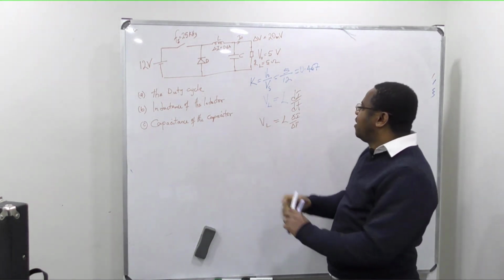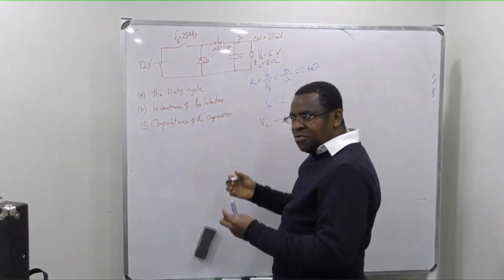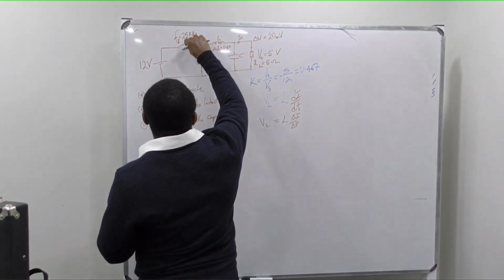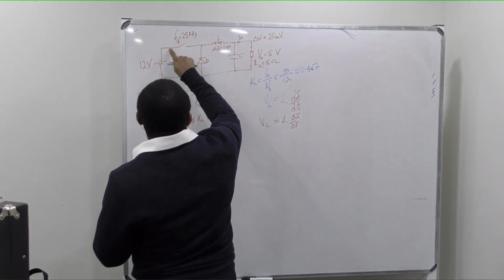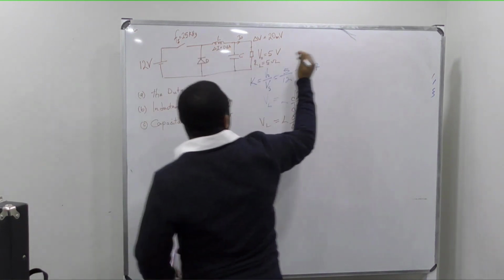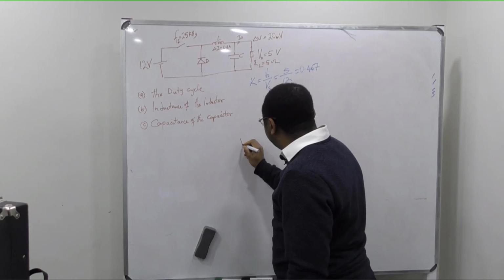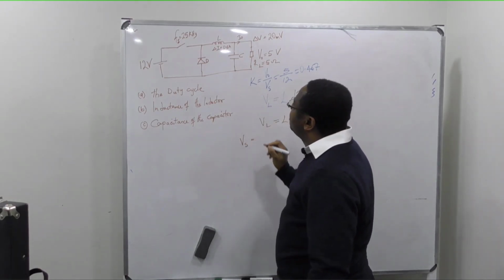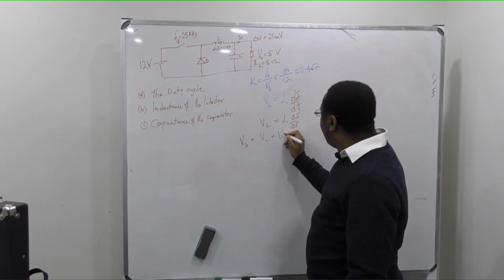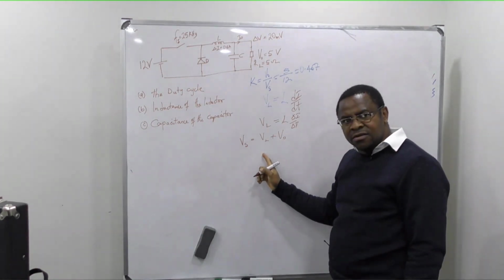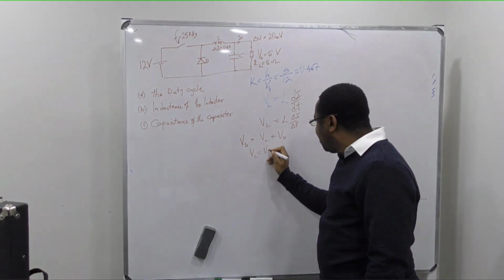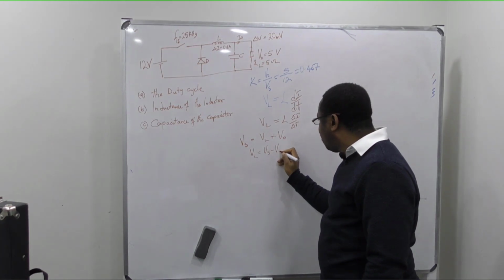Did you get that? If you switch this on, as in our previous video, current flows like that. So you have that Vs is the same thing as VL plus the output voltage. So VL will be the same as Vs minus VO.